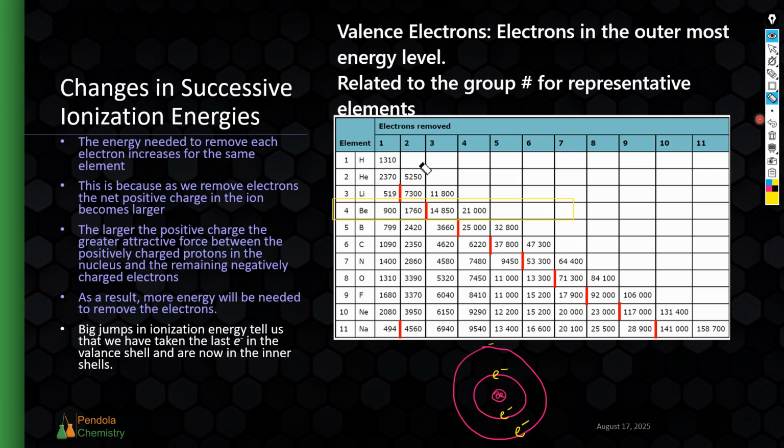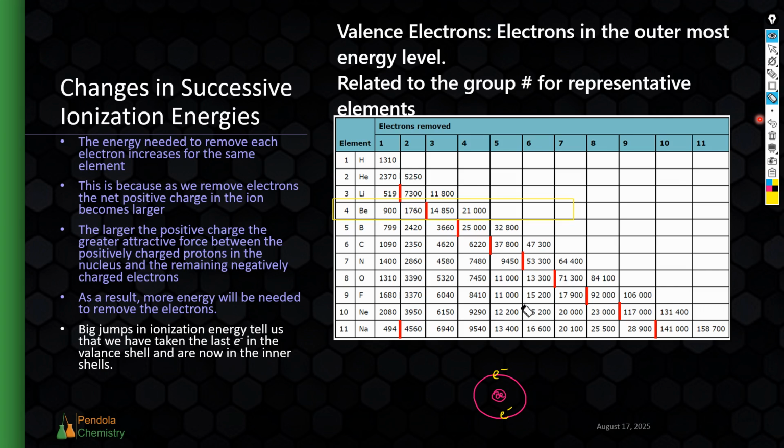We remove the second one, and that takes 1760 kilojoules. When we remove both of those, there are no more electrons on this outer shell. So what happens to the ionization energy? The third ionization energy has a really large jump to 14,850.